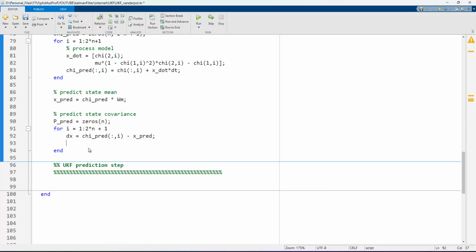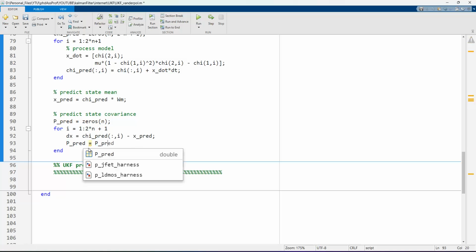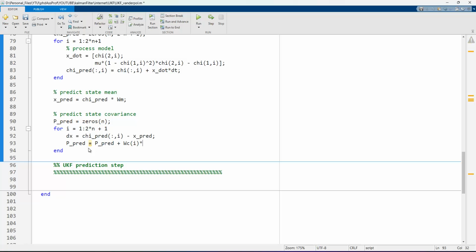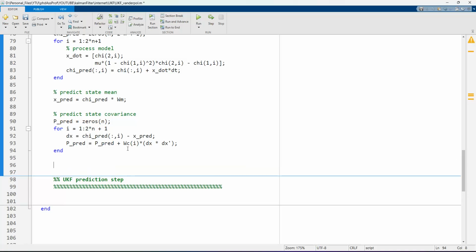Okay, and so P pred can be built with the P pred plus Wc i, just like the formula, times dx times dx transpose. Okay, this is the covariance matrices. The whole of these terms is related to the prediction state, right?